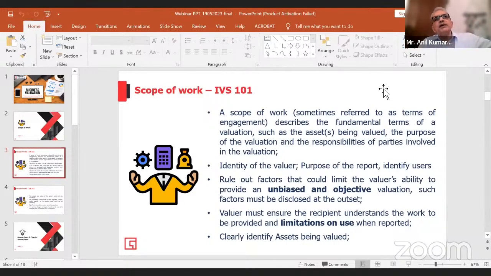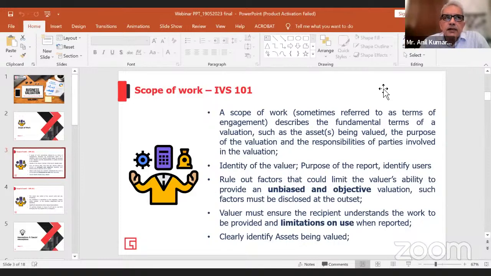So you cannot be an auditor and a valuer of a company, right? That is not permitted. Or you cannot be a professional who's attached to the company or to the business that is being valued, or a creditor, and at the same time try and value the assignment, right? That is not permissible.